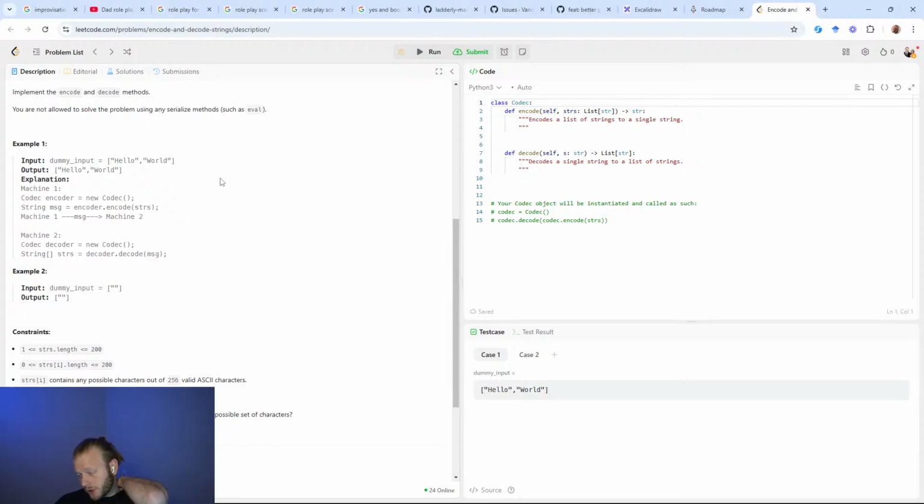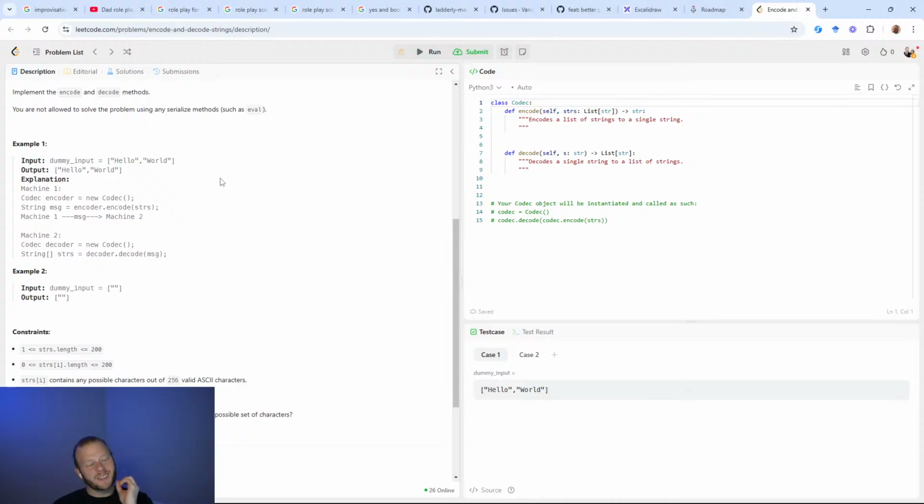I think the actually efficient way to do this would be to change it into bytes and then have a magic byte delimiter. But like, I don't want to implement that. A hilarious option that's a bad option, since the string is length under 200, I could have a 201 length delimiter and it would guarantee to parse.